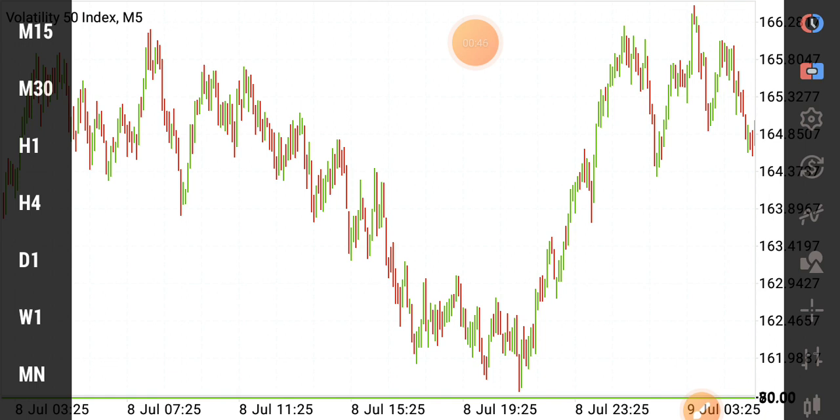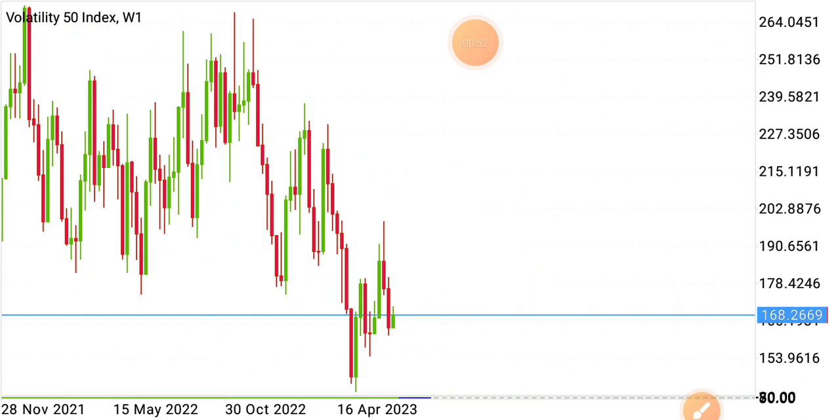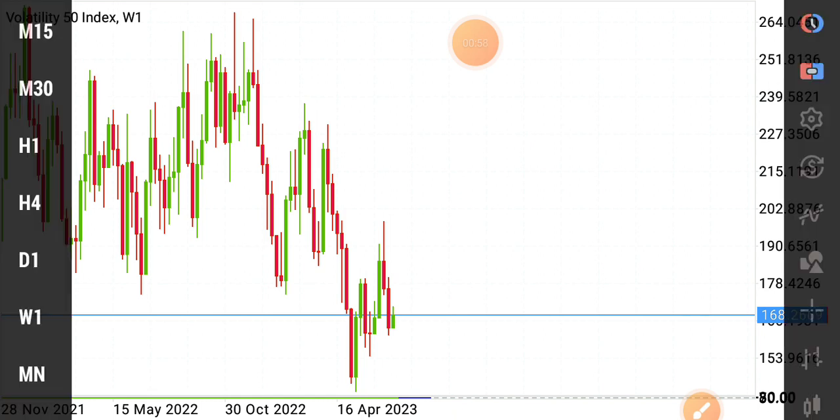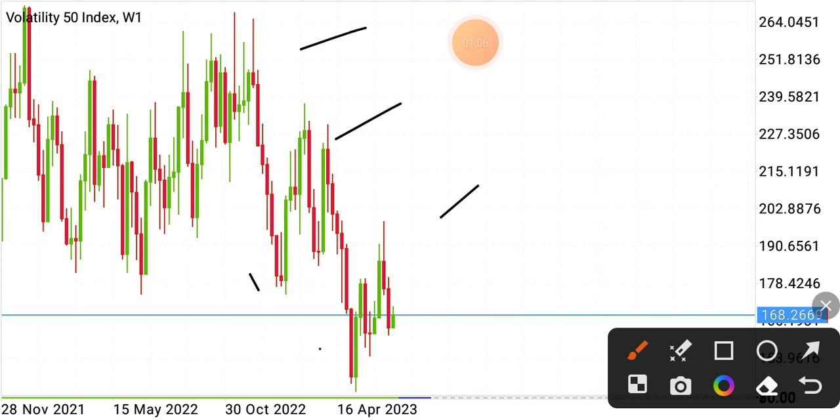So what I actually did was go to the weekly time frame, and on the weekly time frame you can see that Volatility 50 index is bearish. You can see the series of highs and lower highs, this is low, lower low.